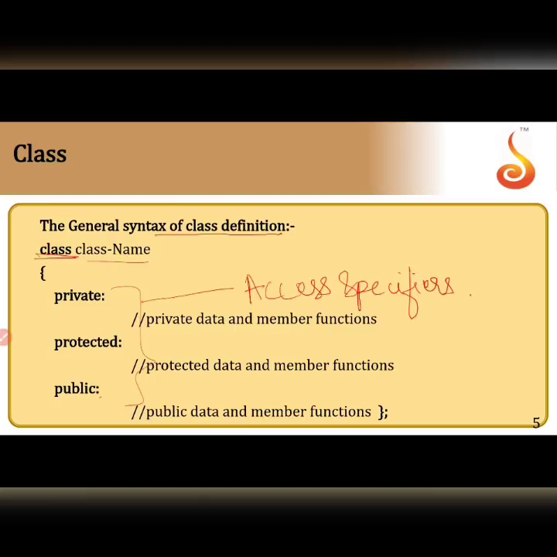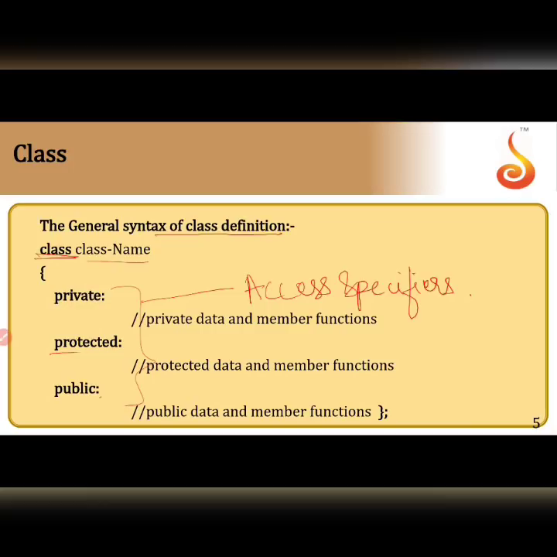In that you have three different parts: private, protected and public, and inside each you can have data as well as member functions declared. It is not compulsory that you have all three. You can write a class with only one access specifier or two or all three.